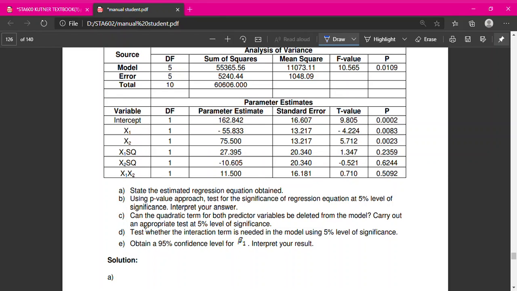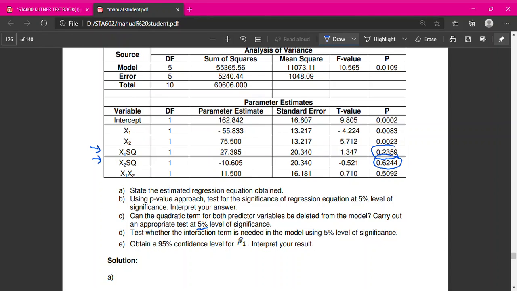Can the quadratic term for both predictor be deleted from the model? So, maksudnya you kena buat individual test untuk quadratic term. Maksudnya untuk x1 square dan x2 square. So, sama ada you boleh gunakan p-value dan juga boleh gunakan t-test juga. So, kalau kita tengok p-value, these two is more than 0.05 sebab dia nak you gunakan 5%.